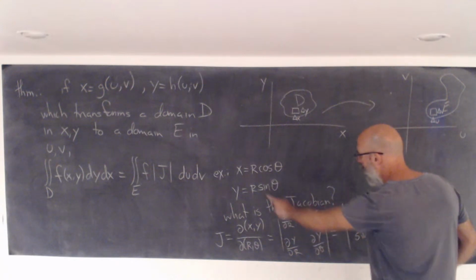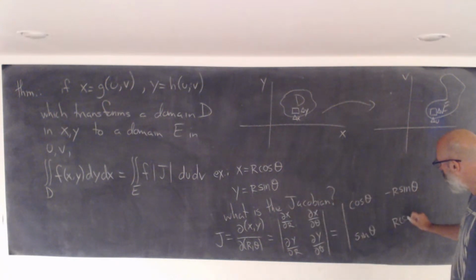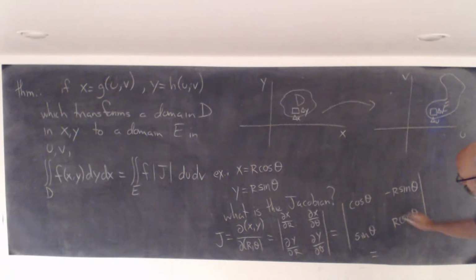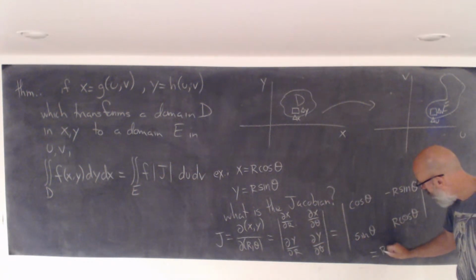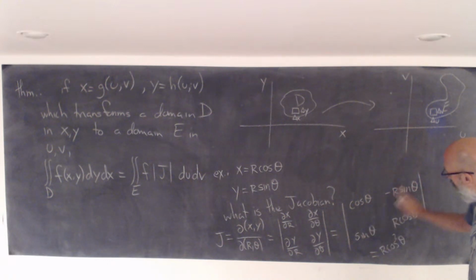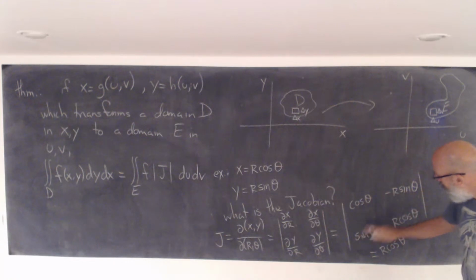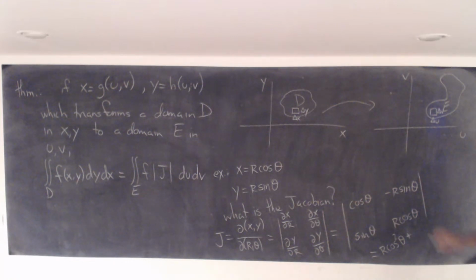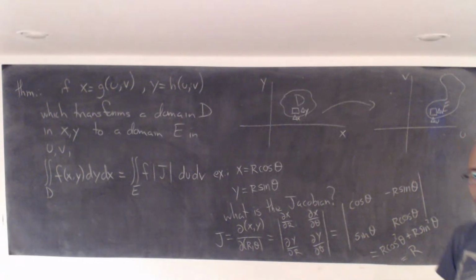And dy d theta is r cos. This is r cos squared minus negative, so minus minus is plus, r sine squared. And if you factor out an r, you get sine squared plus cosine squared, which is 1. So the Jacobian is r.